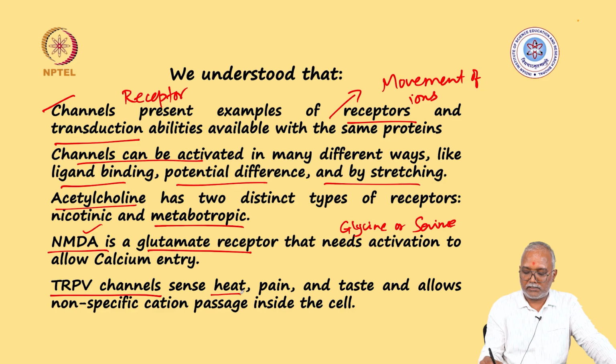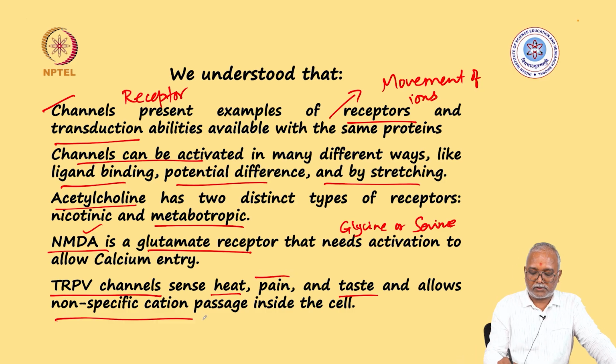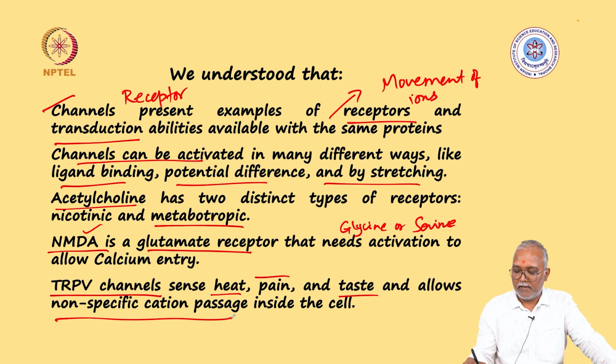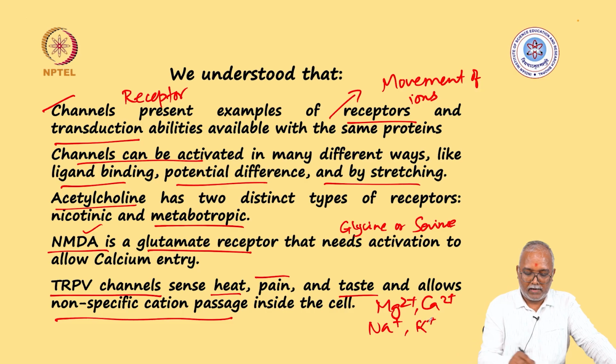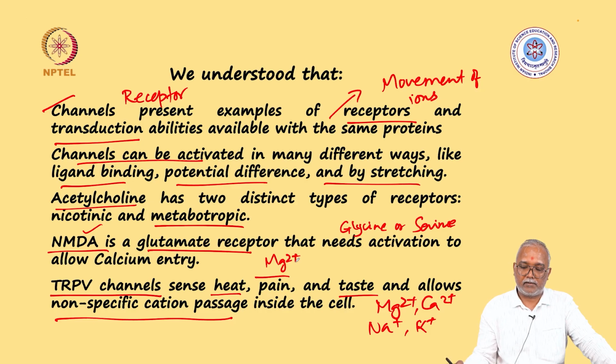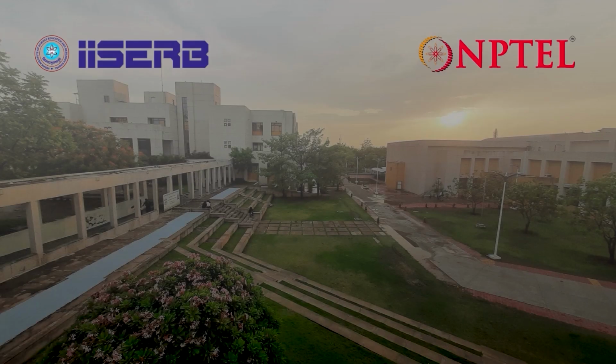They sense heat, pain, taste, and many more things, and they are non-specific cation channels, which means that they will work for magnesium, calcium, sodium, and potassium. And in the case of NMDA, we saw how magnesium was inhibiting or in some sense guarding the channel. Thank you.